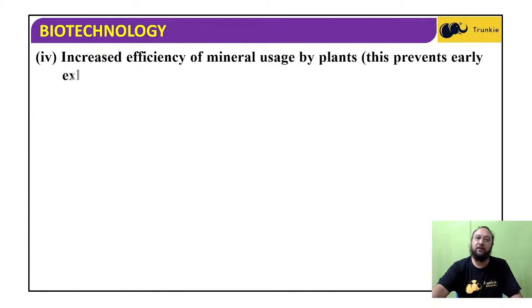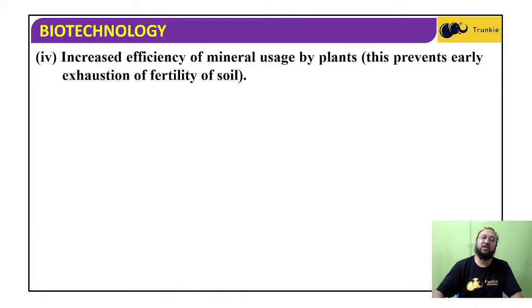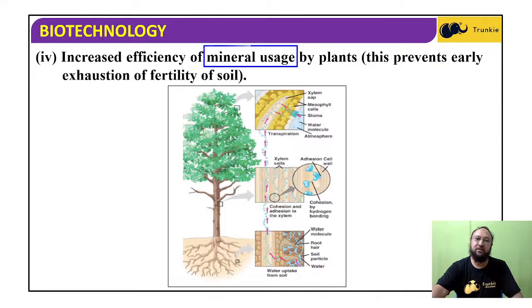Increased efficiency of mineral usage by plants prevents early exhaustion of fertility of the soil. Meaning the crop plant is using the minerals efficiently, and this reduces the exhaustion and scarcity of minerals in the soil. That is another benefit.